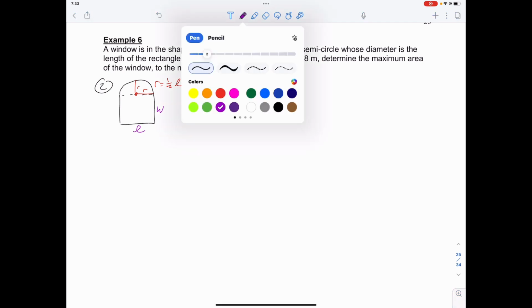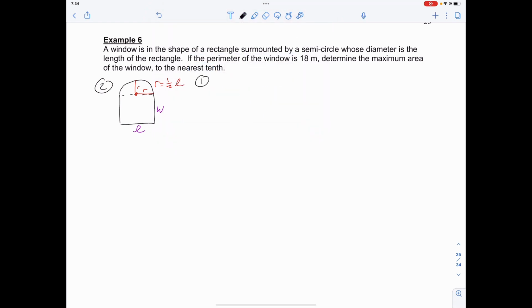So I'm going to let L be the length, W be the width, and R be the radius.